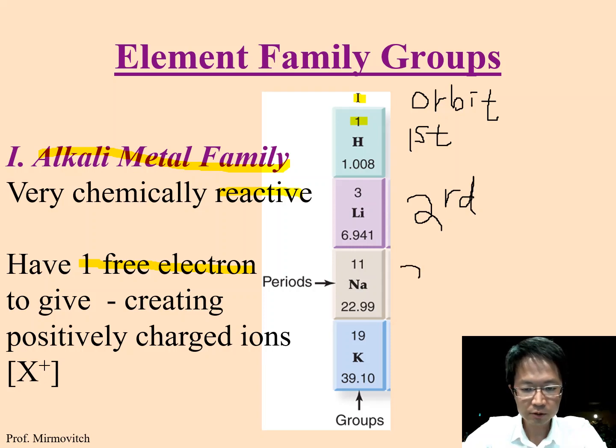Sodium has 1 free electron on the third orbit. Potassium has 1 free electron on the fourth orbit.